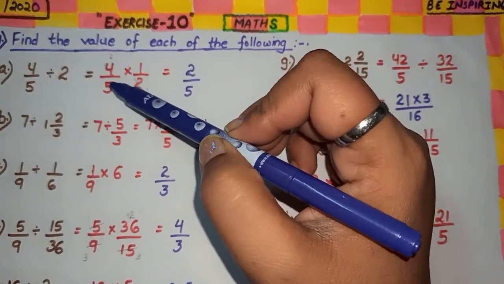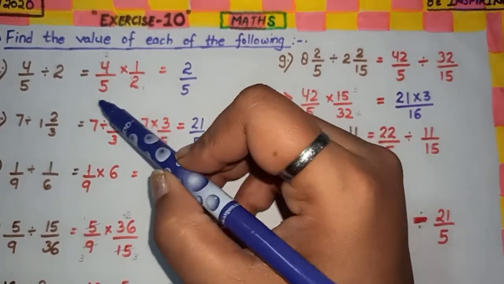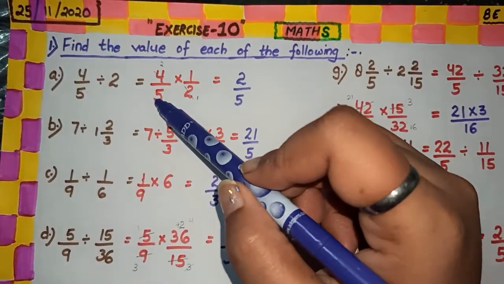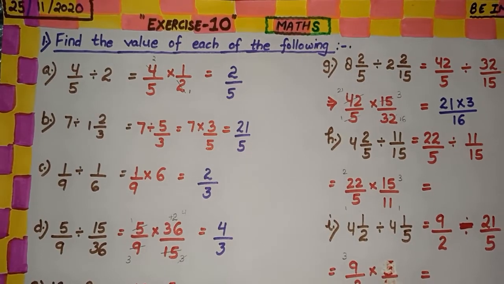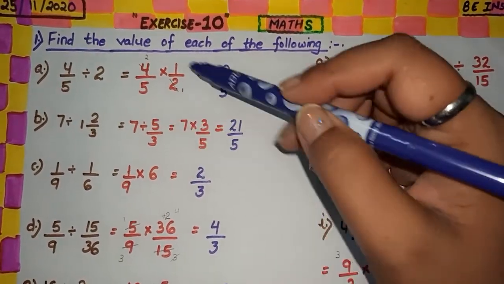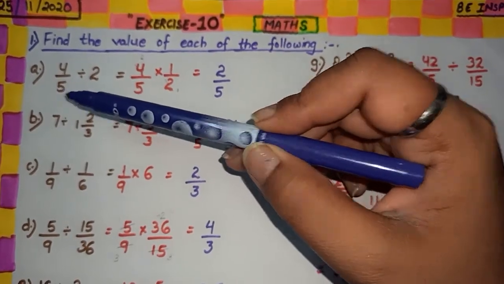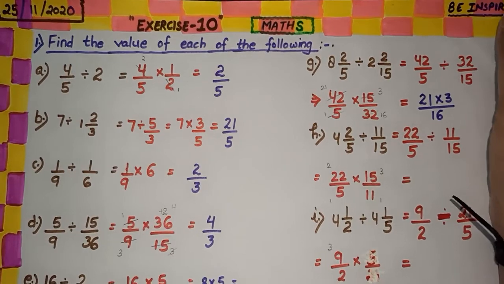Now in the numerator what is left? Only 2, 2 ones are 2, and in the denominator what is left? Only 5, so 5 ones are 5. So this is how we have solved the given division sum. Is it clear, students?